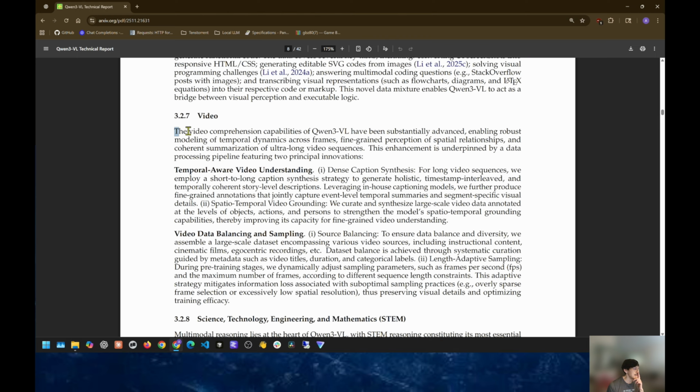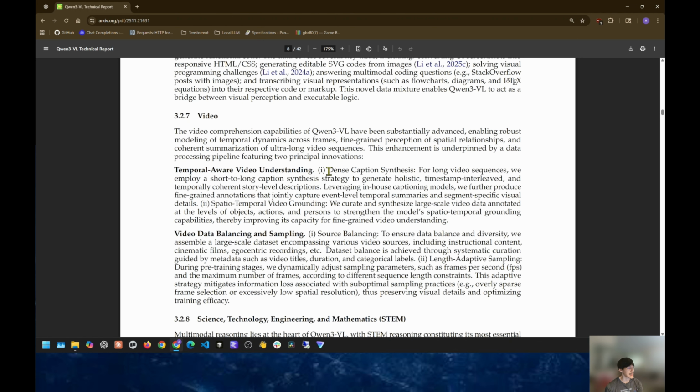Video. The video comprehension capabilities of Qwen3-VL have been substantially advanced, enabling robust modeling of temporal dynamics across frames, fine-grained perception of spatial relationships, and coherent summarization of ultra-long video sequences. This enhancement is underpinned by a data processing pipeline featuring two principal innovations.